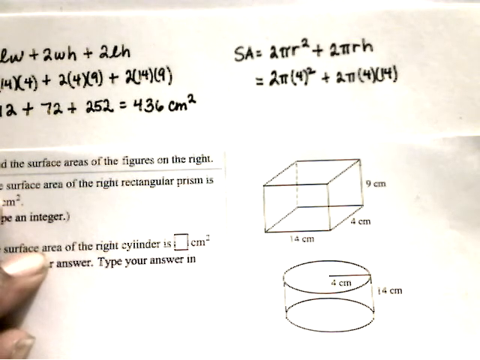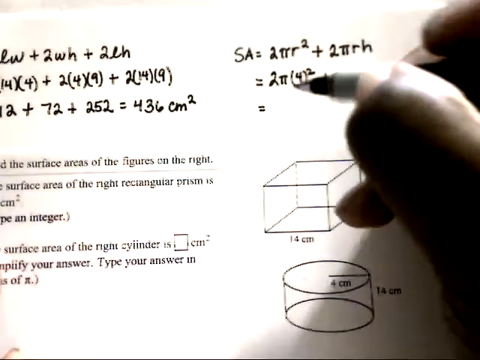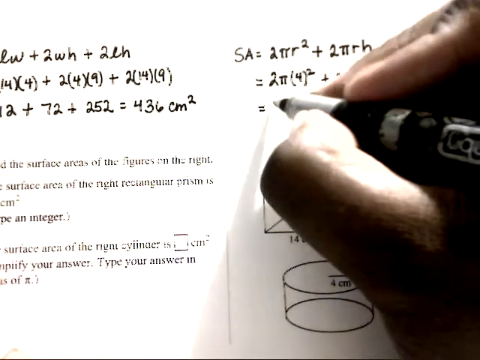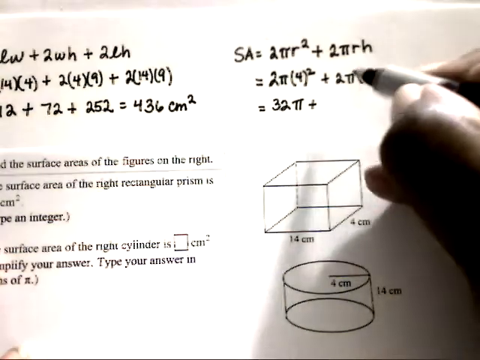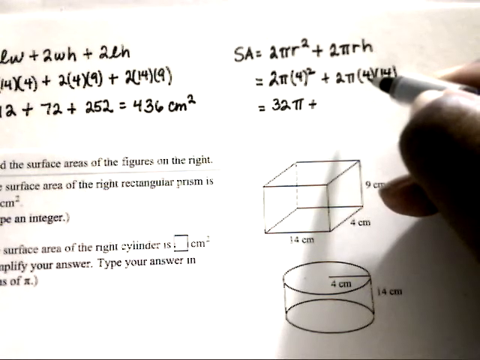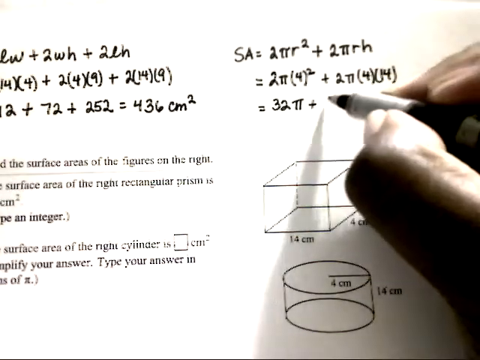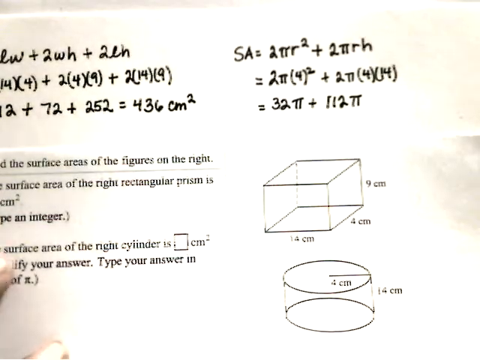Okay, so now let's simplify this. 4 squared, or 4 times 4, is 16. And 16 times this 2 is going to be 32. So now you got 32 pi plus 2 times 4 is 8. 8 times 14 is 112. So now you have 112 pi plus 32 pi.